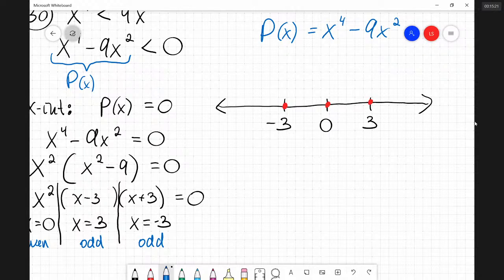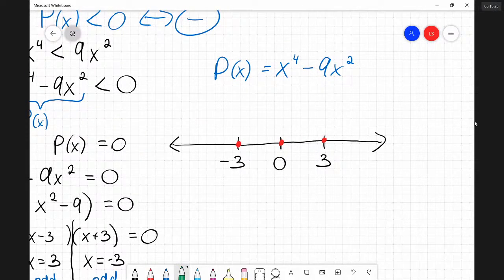So let's use that. This P of X, we know it's even degree, right? Because the degree is 4, so it's even degree. And the leading coefficient is positive 1, so it's a positive leading coefficient.